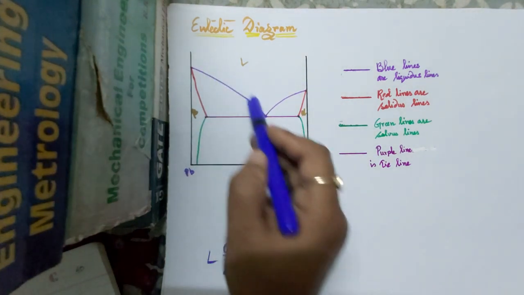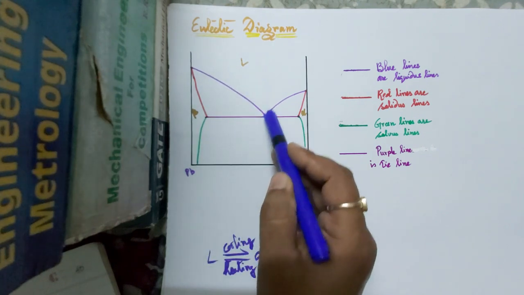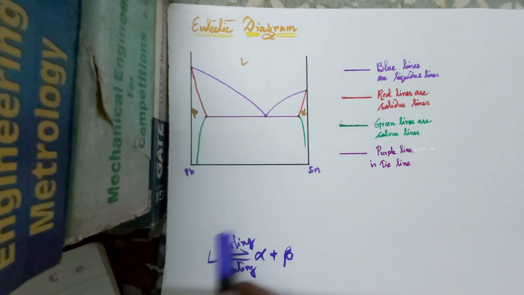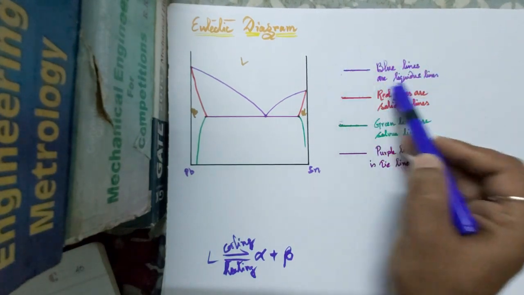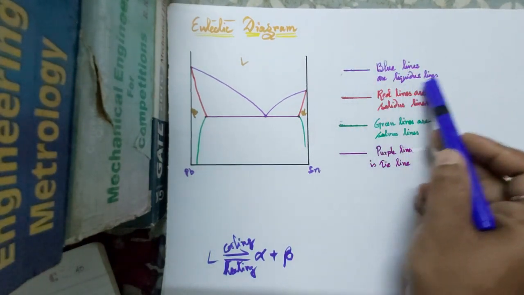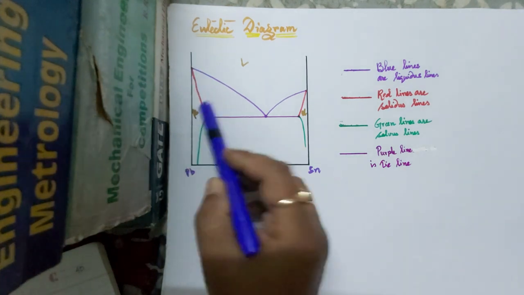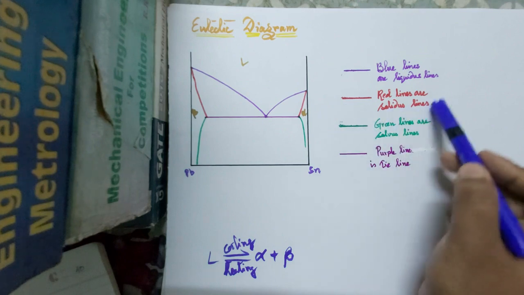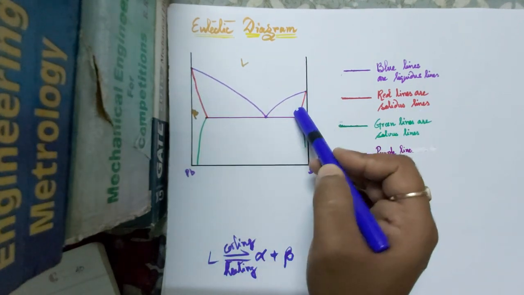These two blue lines are liquidus lines. You know about this liquidus line? And we have two red lines, these are solidus lines.